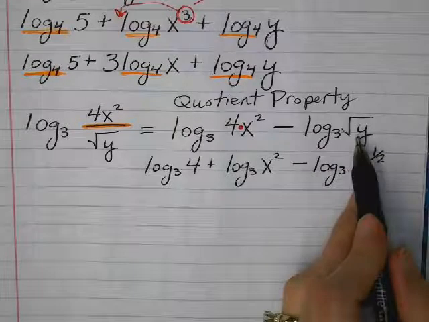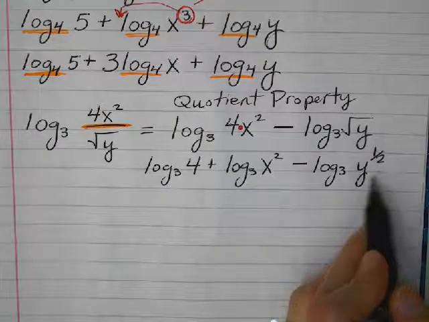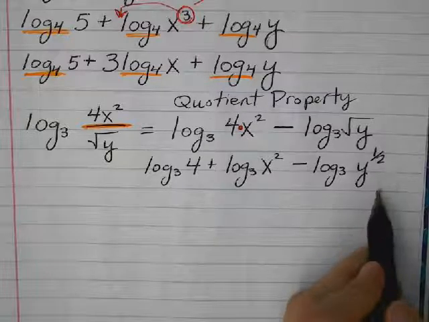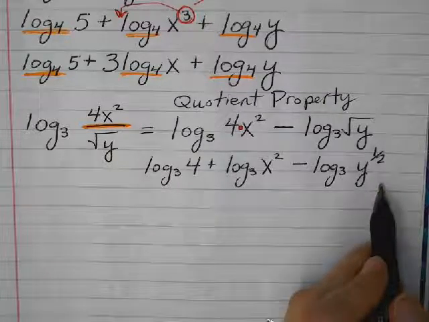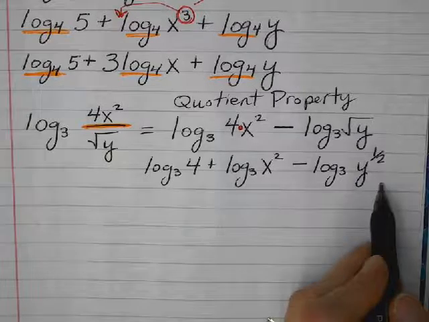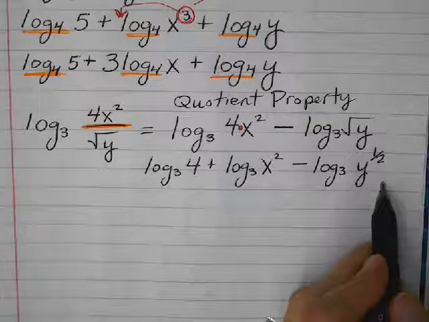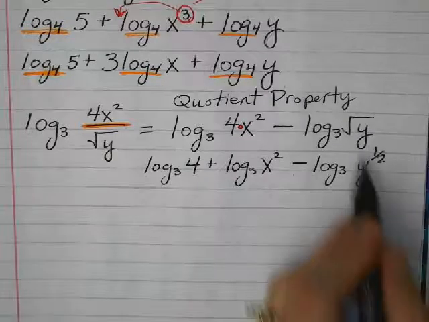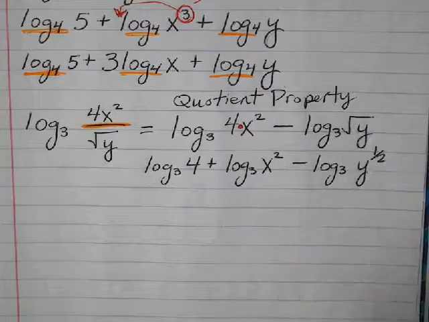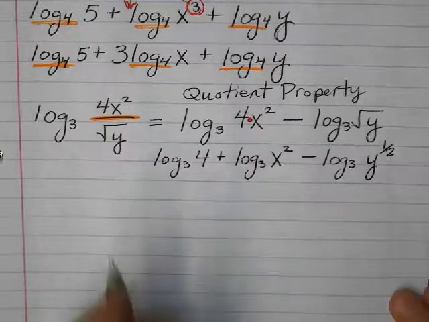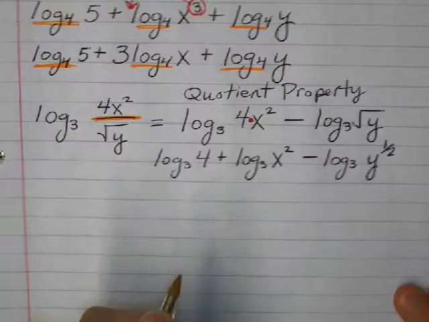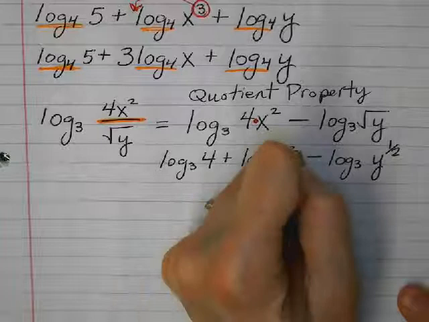Yep, a square root is the same as 1/2 power. Like 1/3 power is cubed root, 1/4 power is the 4th root. They're different roots, so it's a fraction. So I'm rewriting that. Okay, now we're almost done with this one. We have these powers.